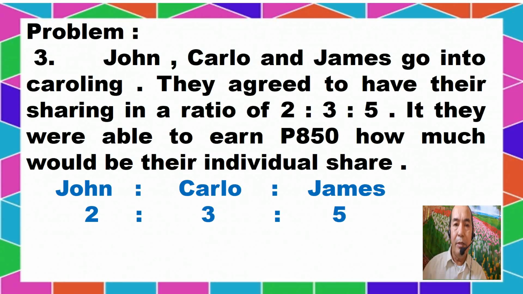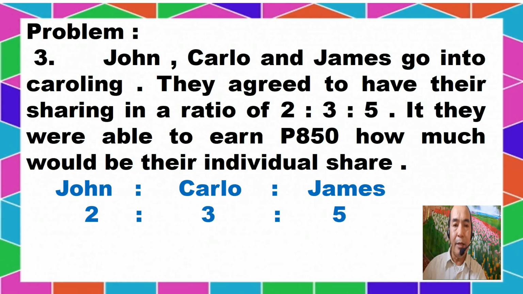850 will be divided. So from the whole it is being divided into parts. So 850 will be divided among the 3 in a ratio of 2:3:5. Therefore, it goes into the definition of partitive proportion, wherein the whole is being divided into parts. What whole are we talking about?